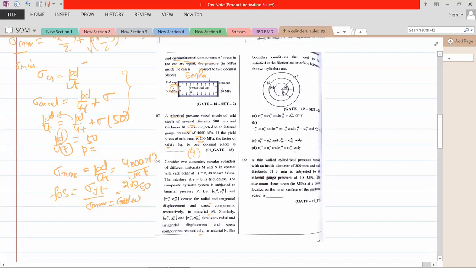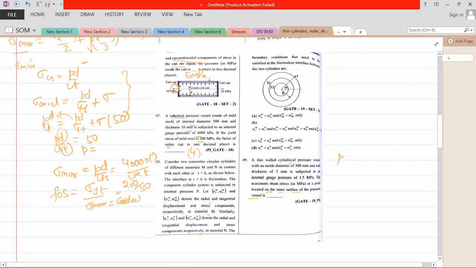Now the next question is a thin walled cylindrical pressure vessel with an inside diameter, thickness, and a gauge pressure. The maximum shear stress at the point located on the inner surface of the pressure vessel is asked. So the question is for a cylindrical pressure vessel.